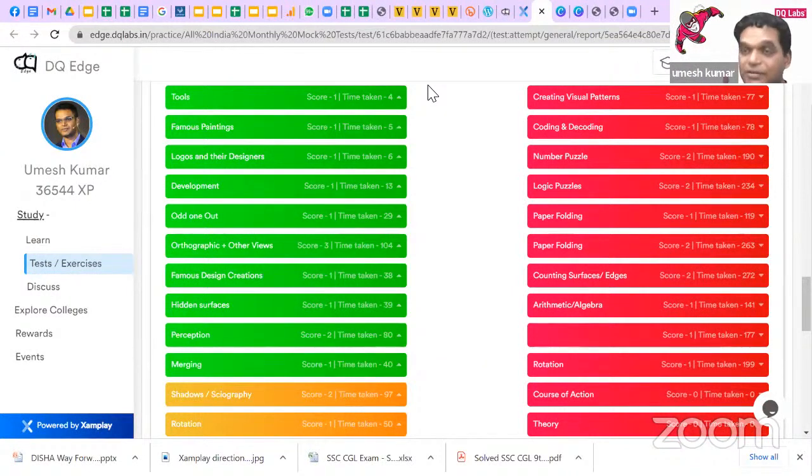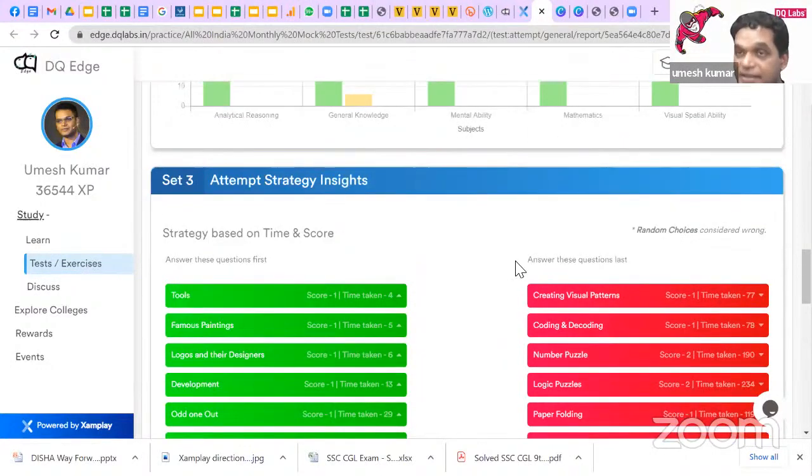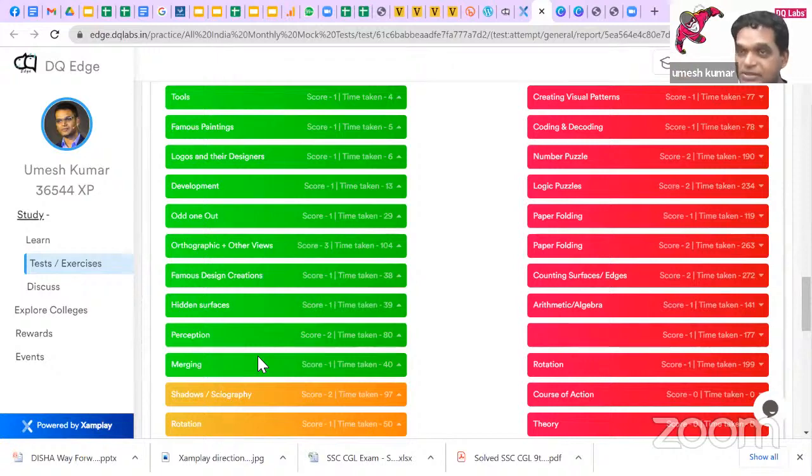So first of all, for every question that is posed to you, you have to decide whether you can answer it or skip it. Once you take a test on DQH, you also get these insights, which tell you which topics you can go ahead and answer, and which topics you have to be extremely careful about, because the pattern of your answering shows there's a high probability of you making a mistake.